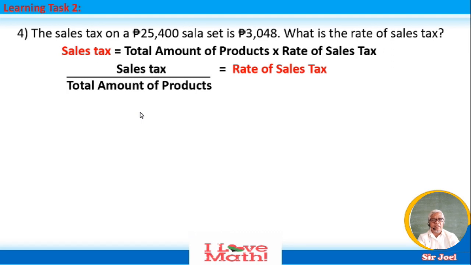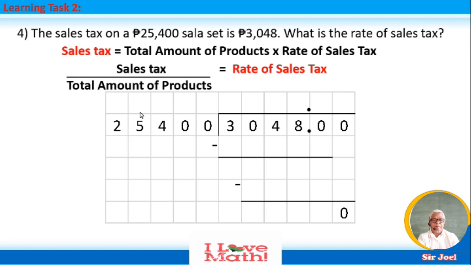To compute, divide 3,048 by 25,400 pesos. At syempre pa, dahil ang inyong sagot ay decimal, huwag kalilimutang i-move ng 2 places to the right. So, whatever it is, yun ang sagot dito sa ating problem number 4.